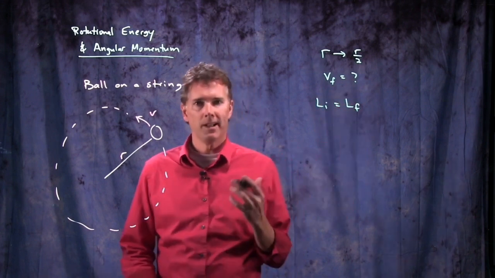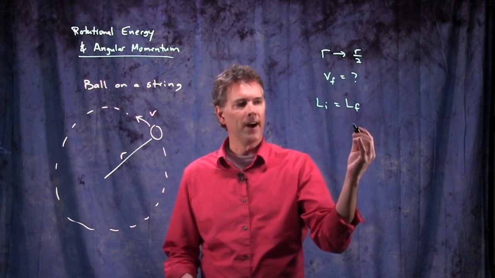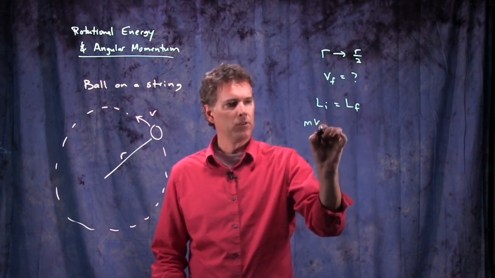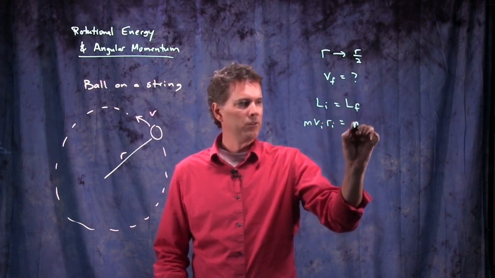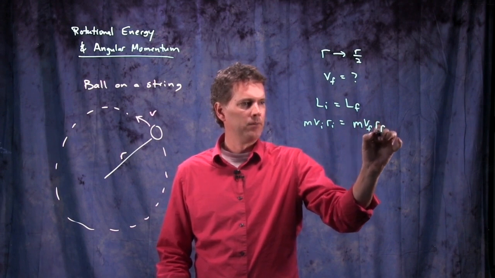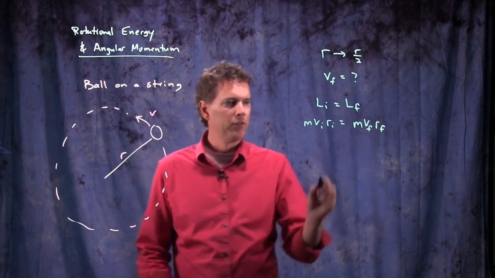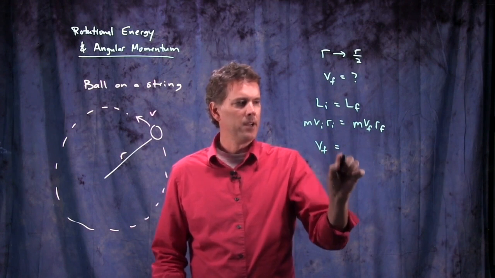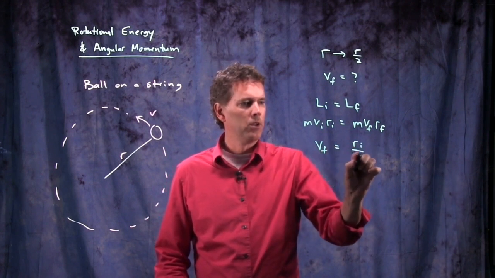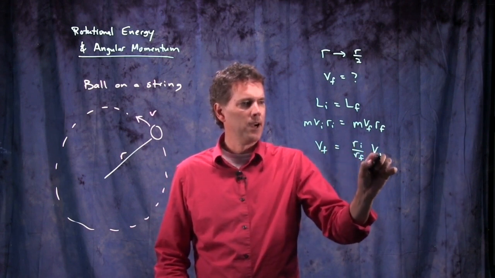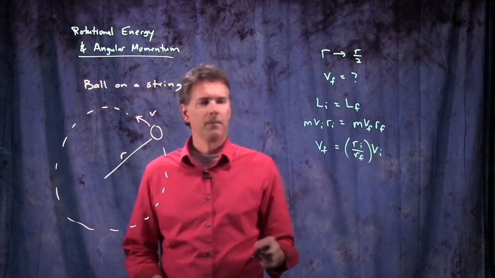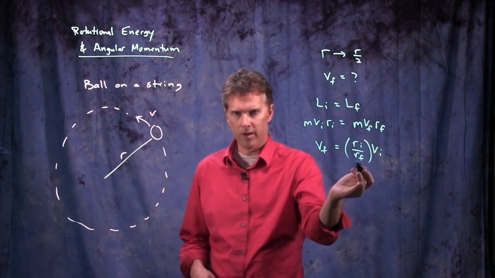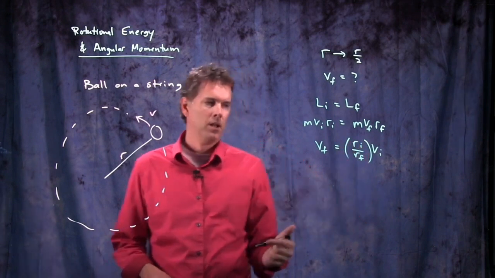Conservation of angular momentum says initial has to equal final. We know exactly what initial is. We know exactly what final is. And so you can solve this for v final. What do you get? V final is equal to r initial over r final times v initial. Okay, if you go to half for r final, you get a factor of 2.